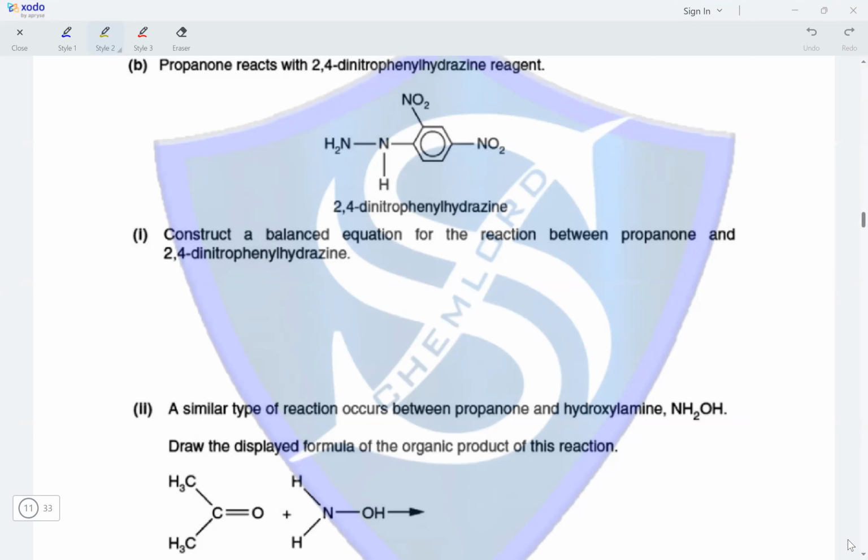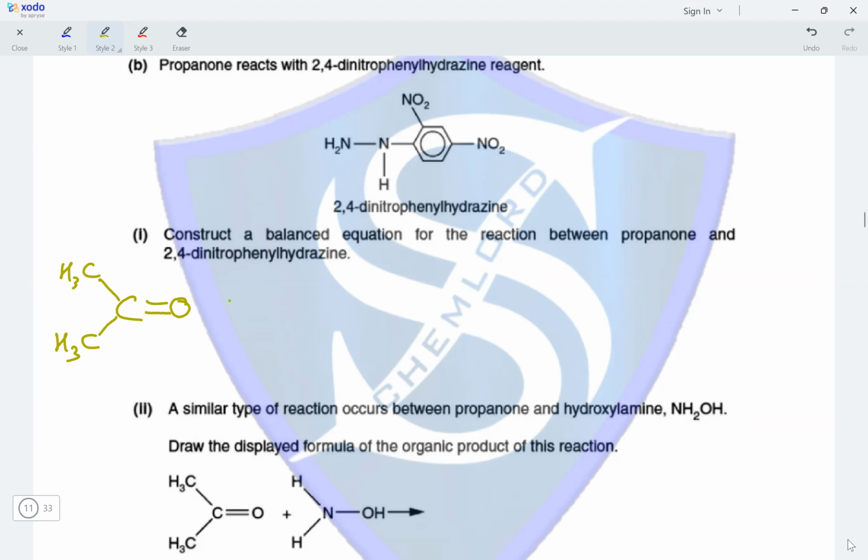Propanone reacts with 2,4-dinitrophenylhydrazine reagent, the structure of which is shown. Construct a balanced equation for the reaction between propanone and 2,4-dinitrophenylhydrazine. So the propanone molecule is C=O, and it is attached to two CH3 groups.